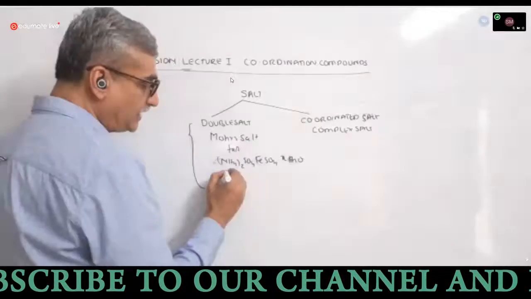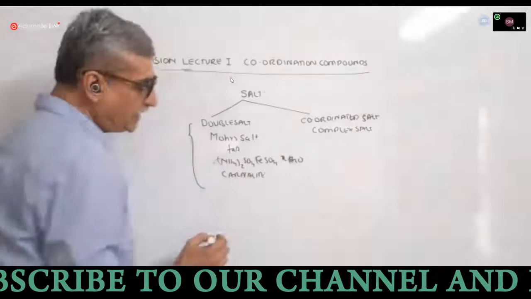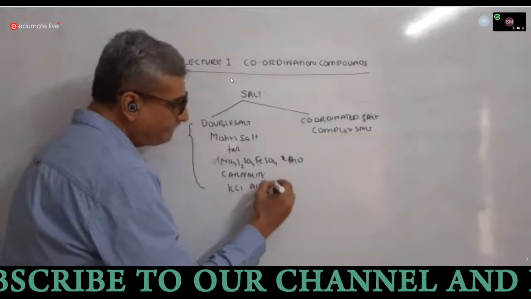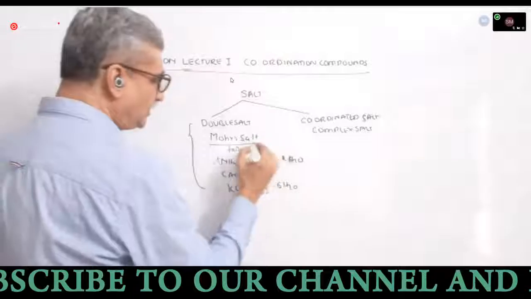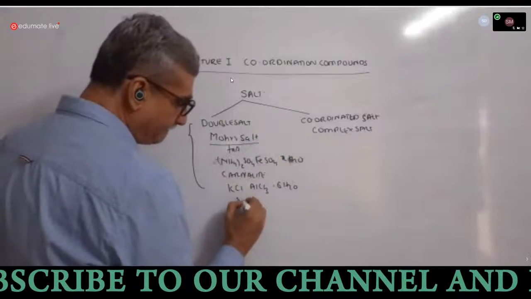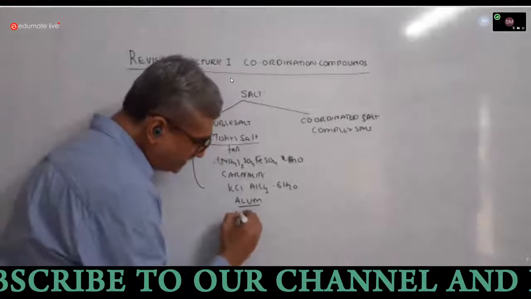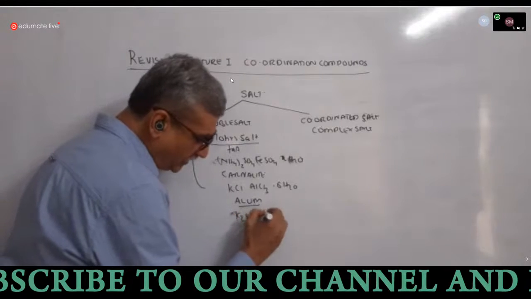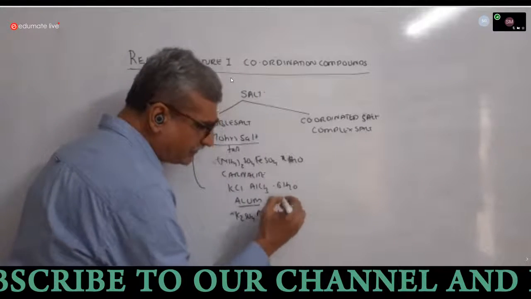Then you have carnallite, which will be KCl, MgCl2, and 6H2O. And you have alum, which will be K2SO4, Al2(SO4)3, and a certain amount of H2O.